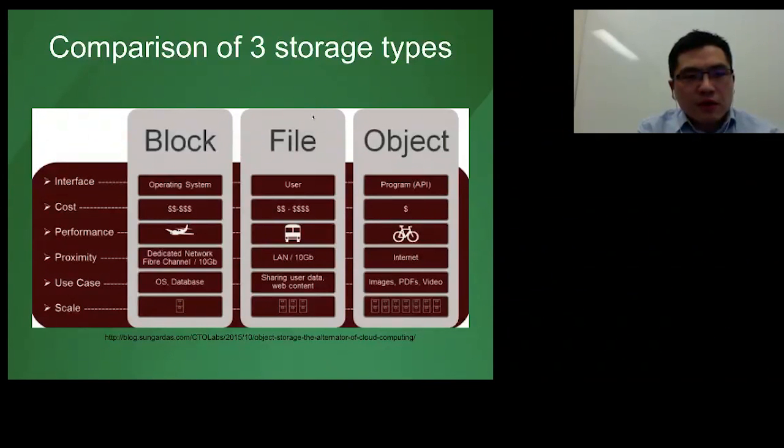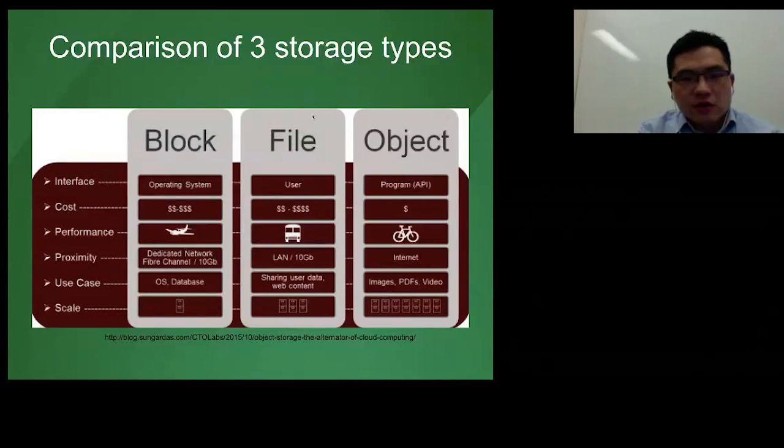The main point here is the cost and performance difference between the block, file, and object storage types. Block storage can have the highest performance, but it could be costly.